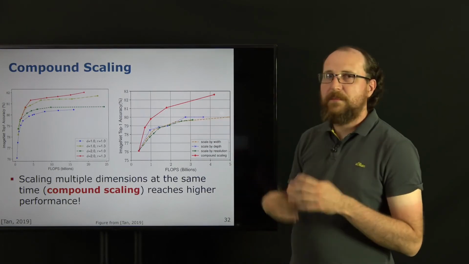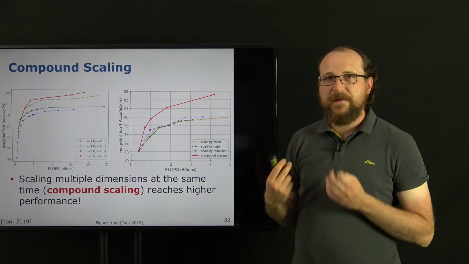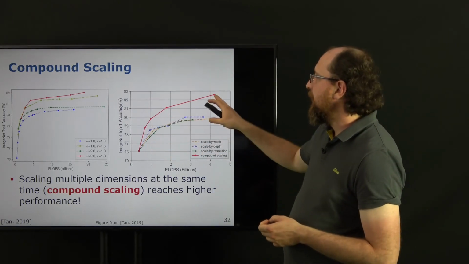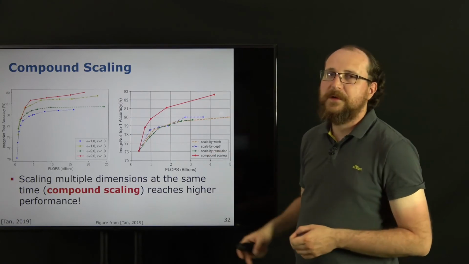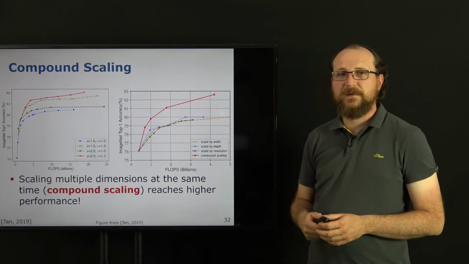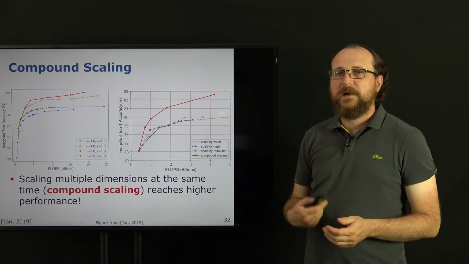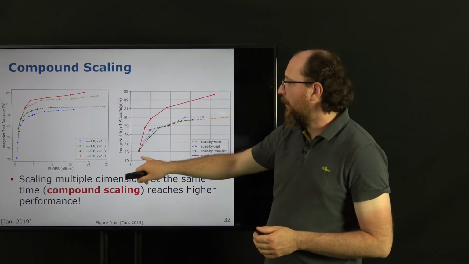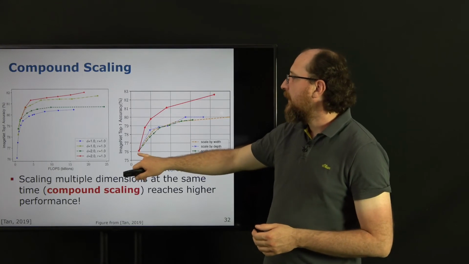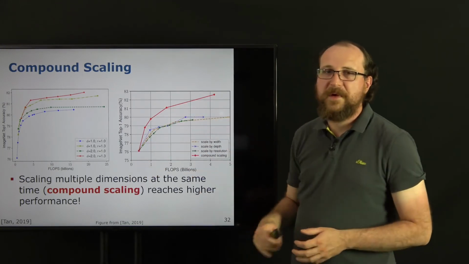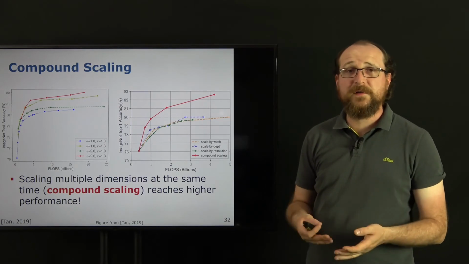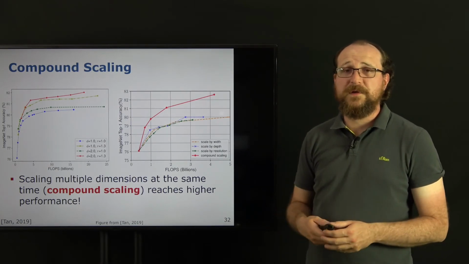But when we combine this, so when we have specific factors to scale that at the same time, then we can see that we are reaching much better performance in the end. And what Tan et al. did is to look at a specific baseline model, which can then be scaled up to get better models in the end. By this, introducing a whole family of models that are efficient in the end.